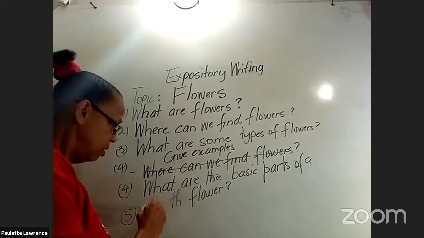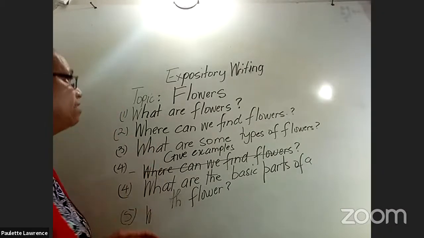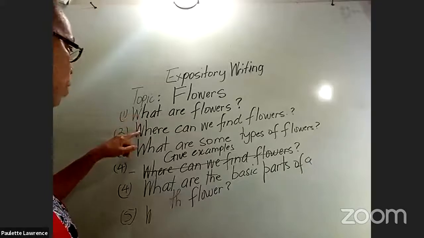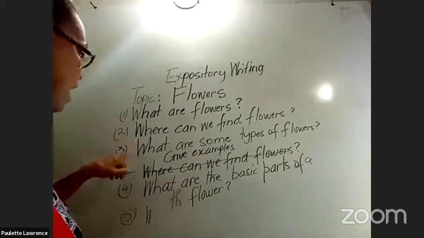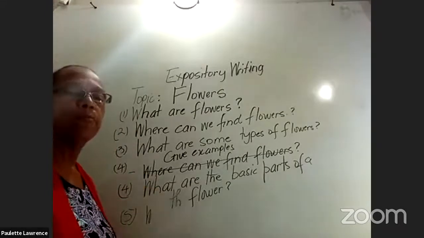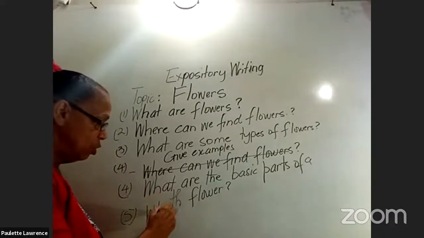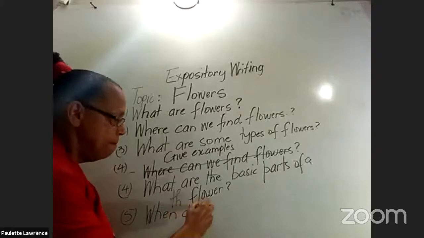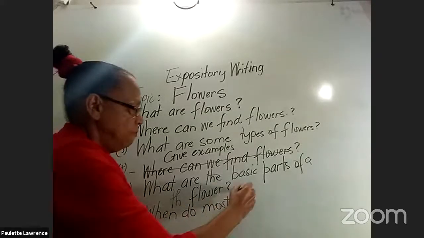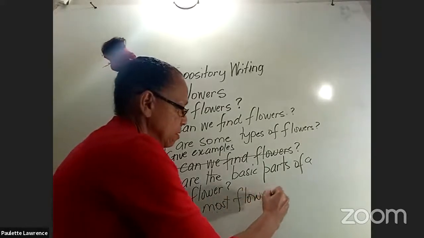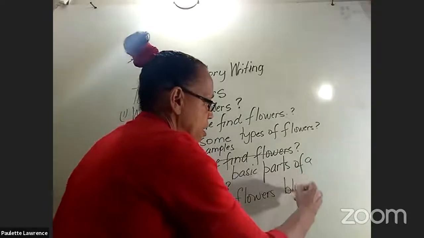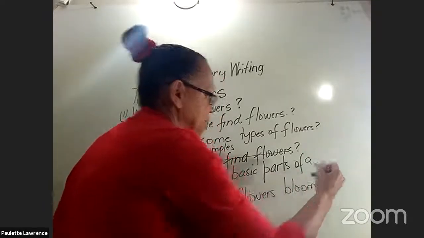Yes, Miss. So let's see. We use what? We use where? What can we use? When do flowers grow? When do most flowers bloom? All right, we can probably fix up that one.